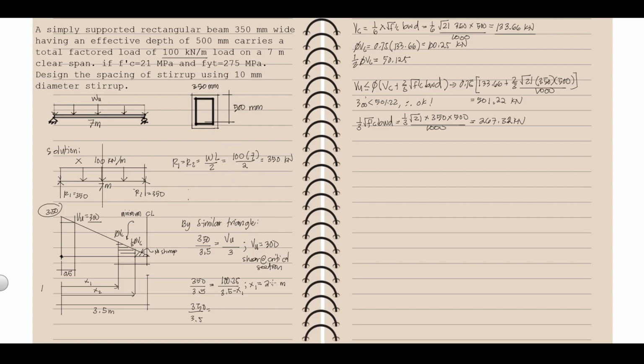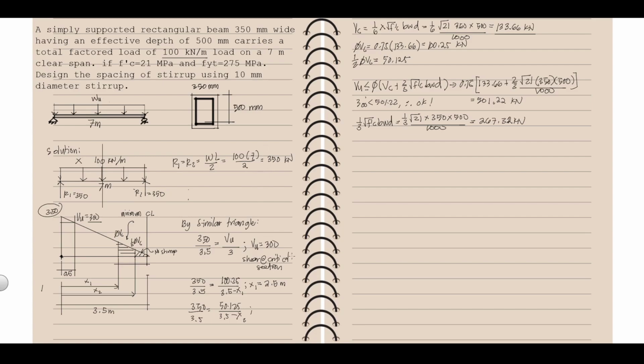Okay, 2.5 meters from the face of the support. Okay, dito naman, for the x2, we'll have 50.125 all over 3.5 minus x2. Tingnan sagot dito, kalahati lang nito, no? 1.25. Check natin. 50.125.